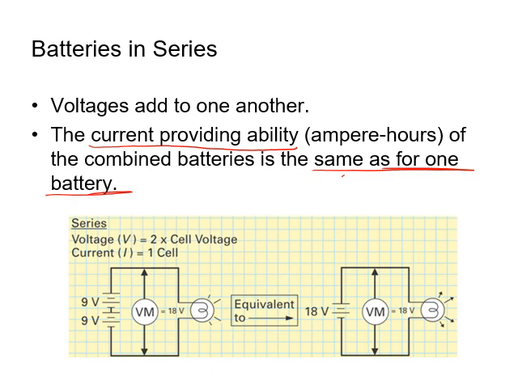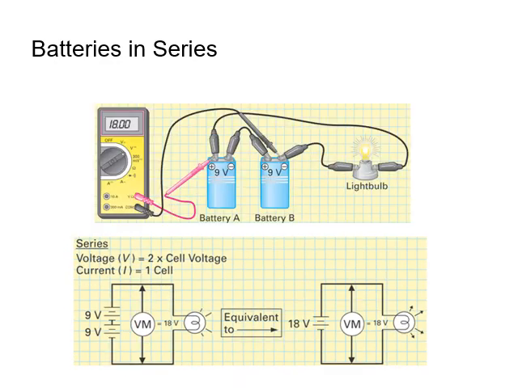So if these two are 1 amp hour each, my combined capacity is still going to be 1 amp hour, but my combined voltage is going to be 18 volts. This is how it's going to be in real life to connect them in series. So here the multimeter will measure 18 volts.